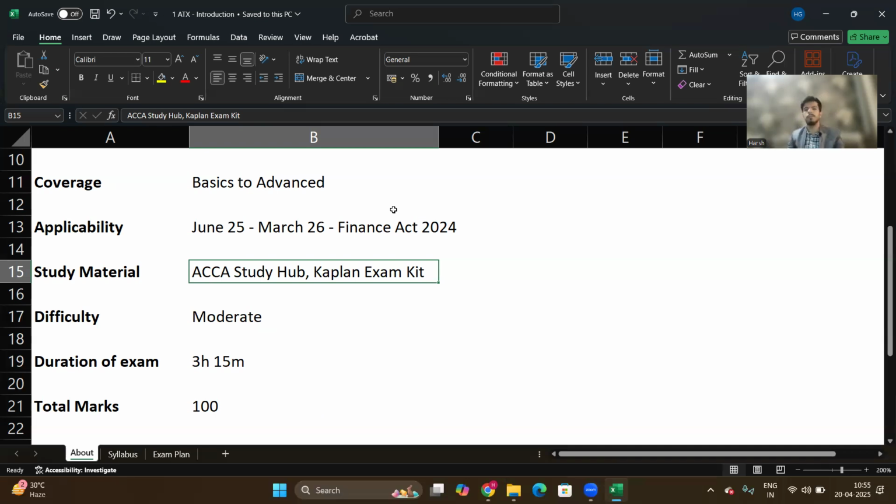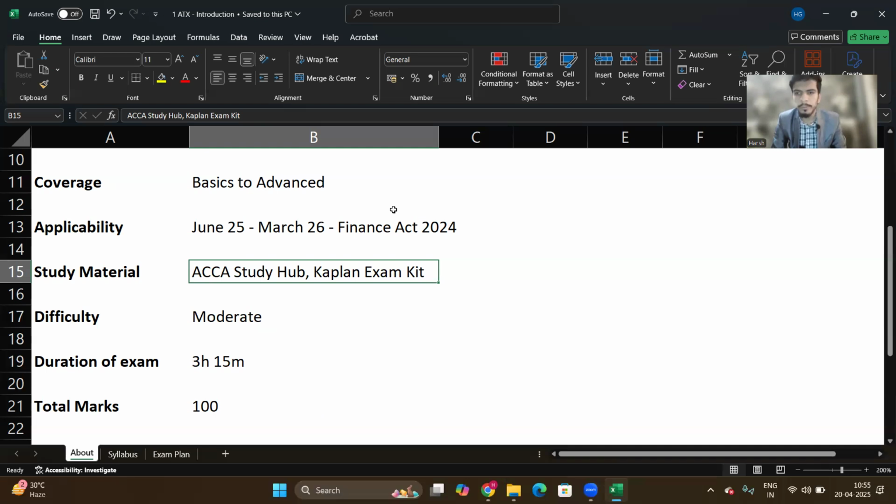But when you go to practice, when we cover the whole syllabus, then you want to practice so you get an idea how your examination questions would look.